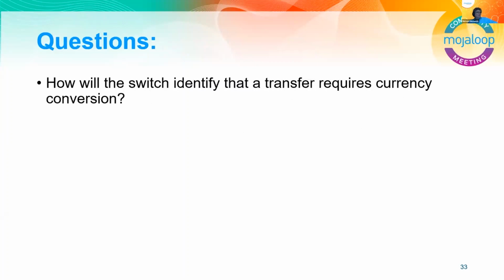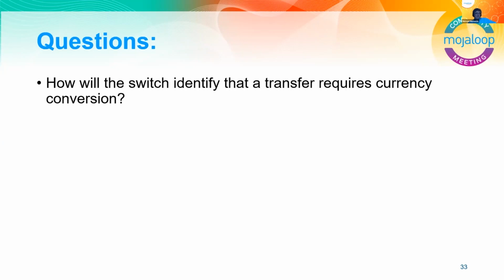So what questions did we have to answer about this? Well, first of all, how would the switch identify that a transfer required currency conversion? The way in which we had planned for that to be done is that as part of the response to a get parties request, the payee DFSP would respond with a list of the currencies in which that account could receive funds.